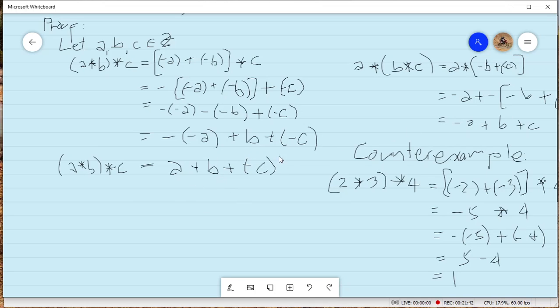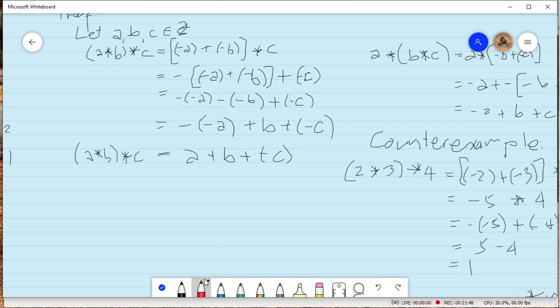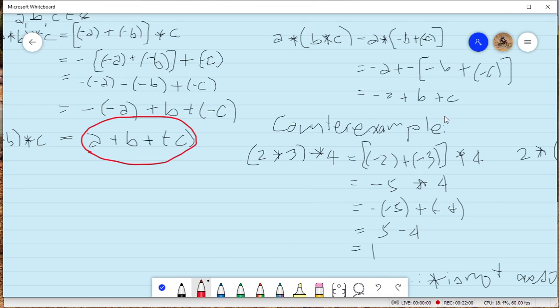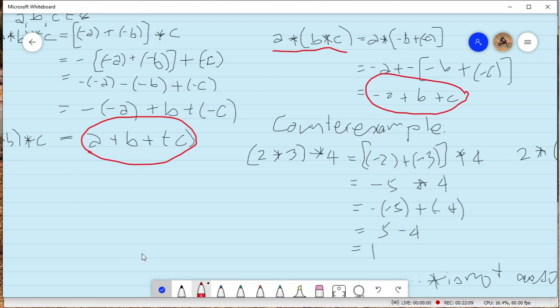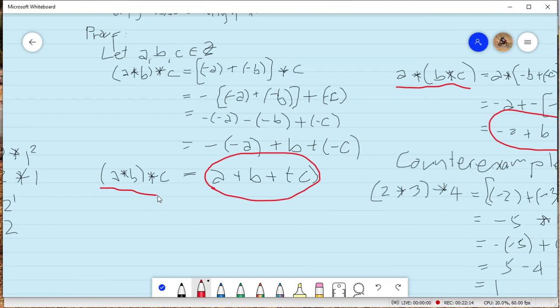If it did so happen that this expression, this one, if it was the case that we found that this expression can be transformed or written so that it will be equal to this one, then we could have proven that the operation is associative.